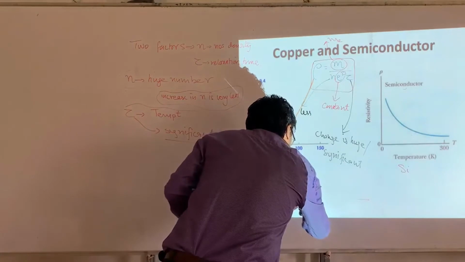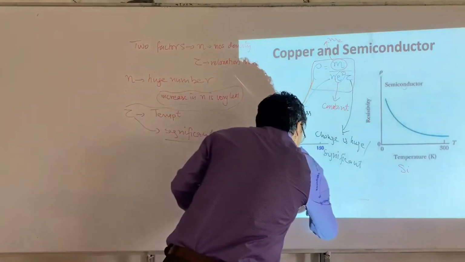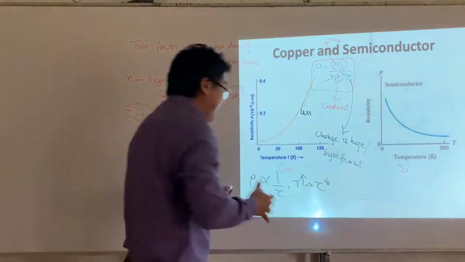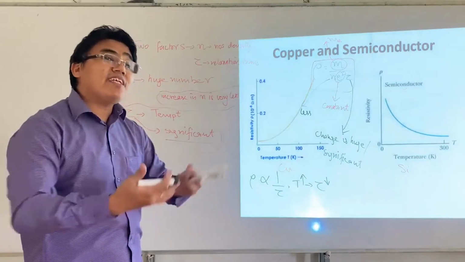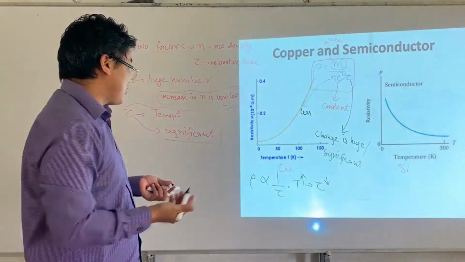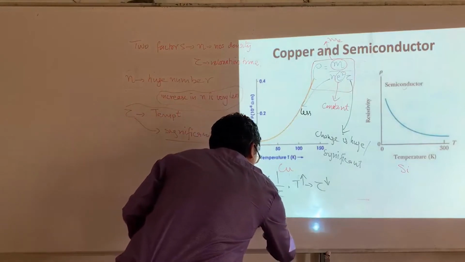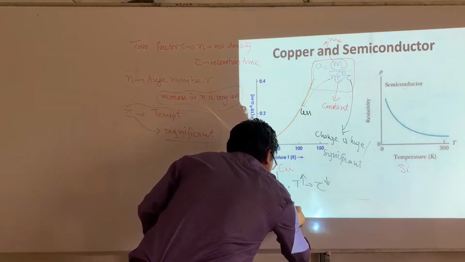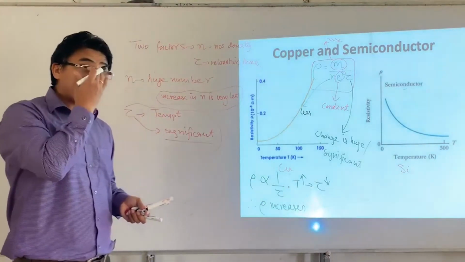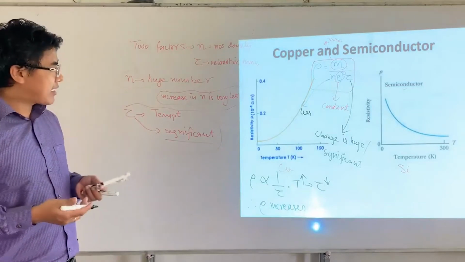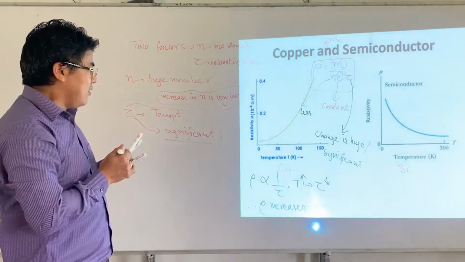As temperature increases, there is a significant decrease in the relaxation time, because of which rho increases exponentially. That is how we explain this graph.